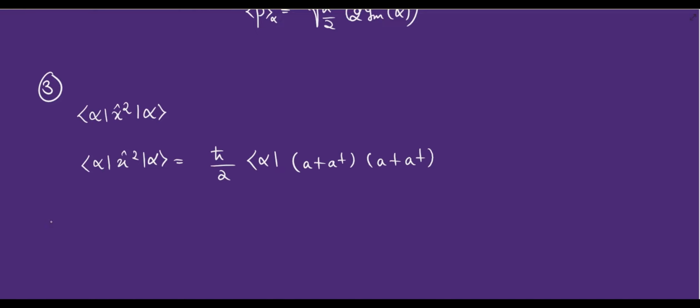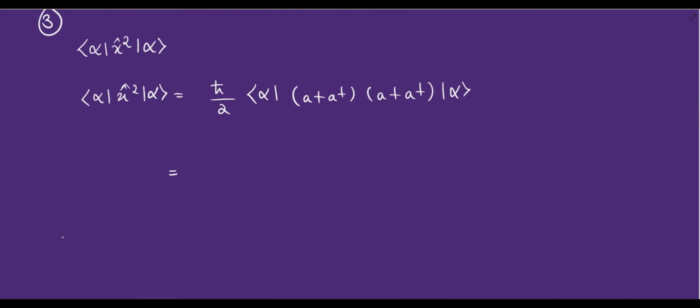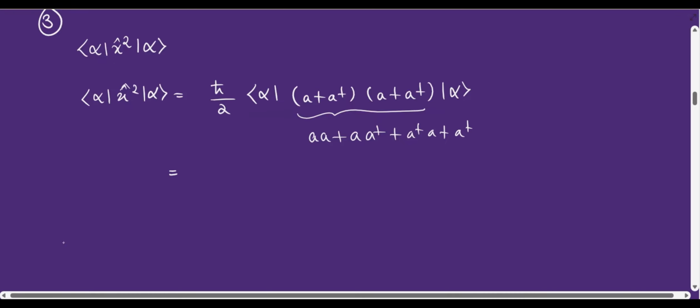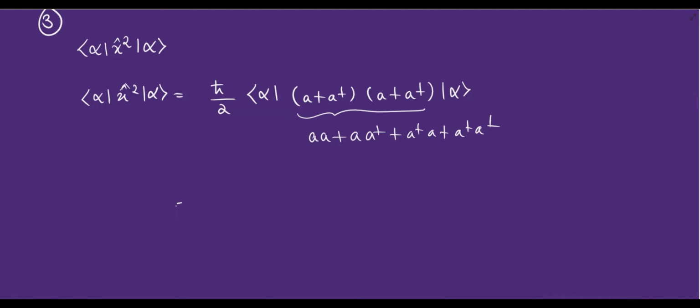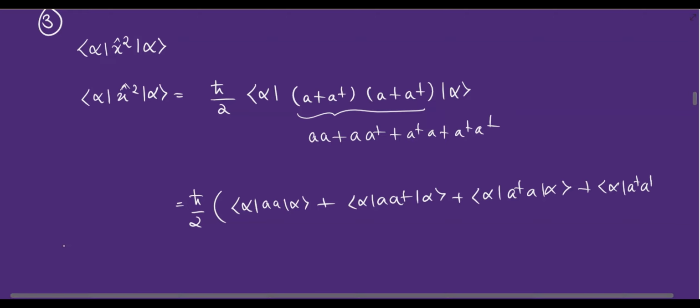I just explicitly wrote x cap here. If I open this up, this is equal to aa plus aa dagger plus a dagger a plus a dagger a dagger. So let me write it down: <alpha|aa|alpha> plus <alpha|aa dagger|alpha> plus <alpha|a dagger a|alpha> plus <alpha|a dagger a dagger|alpha>.